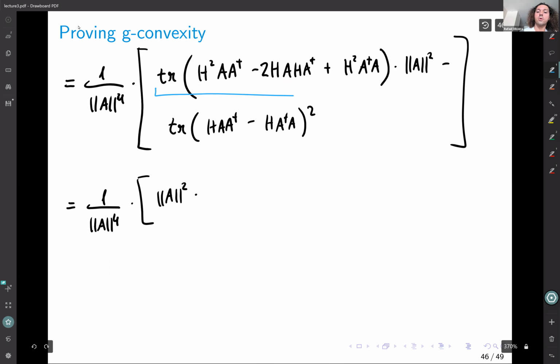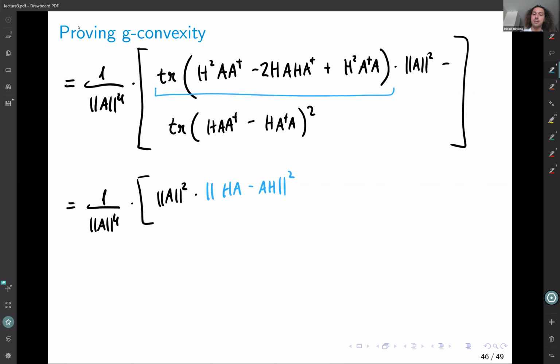So let me just color code everything. This first trace in blue is exactly the norm of HA minus AH squared.